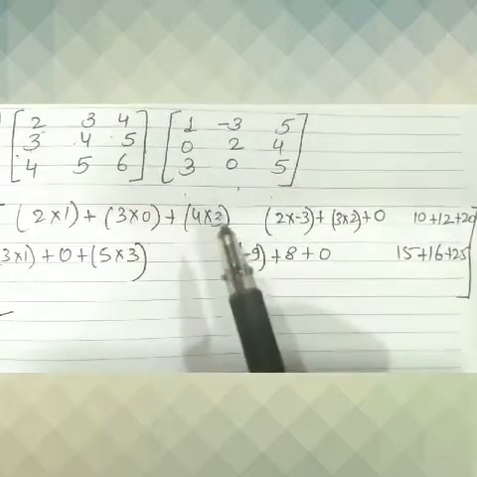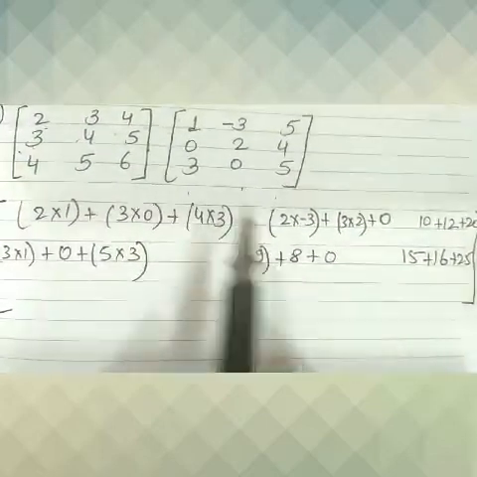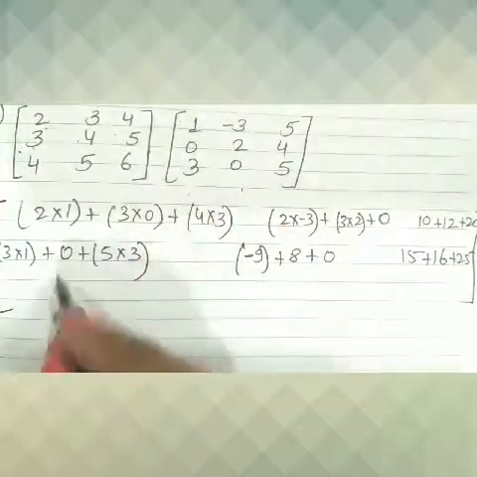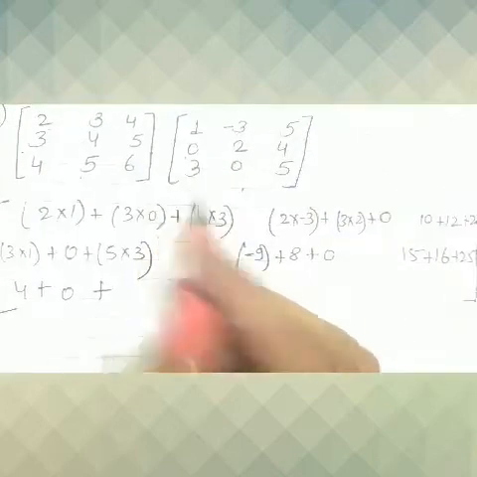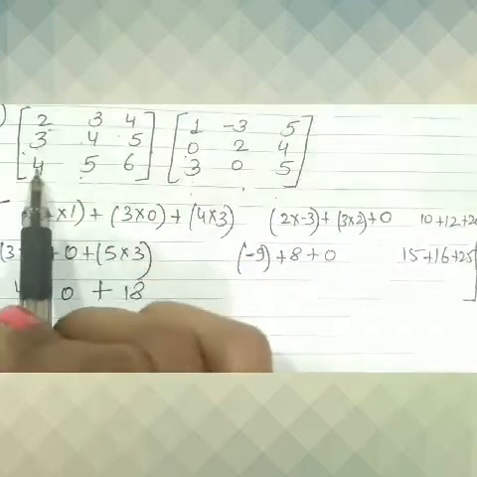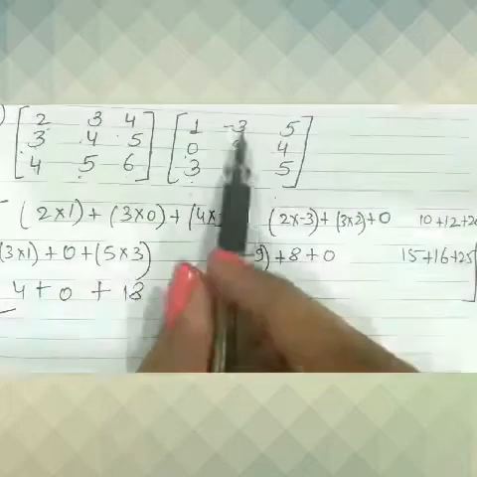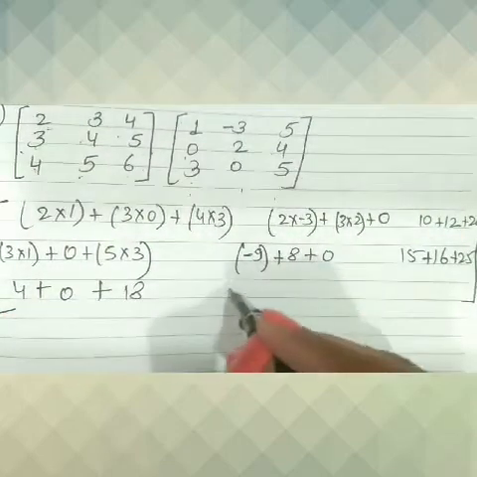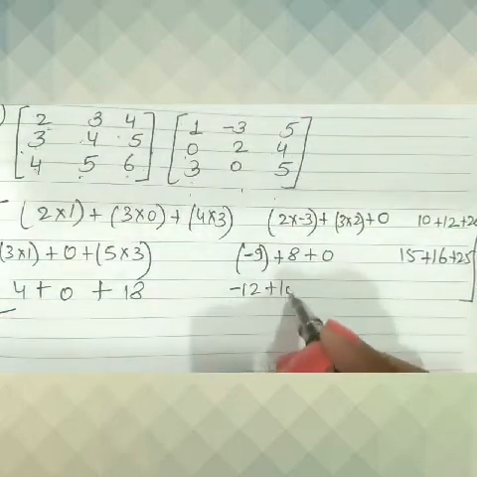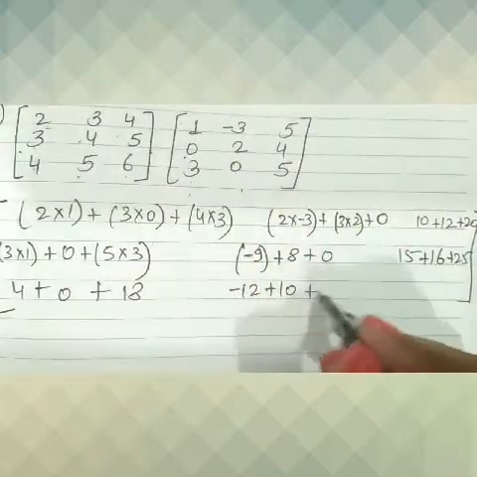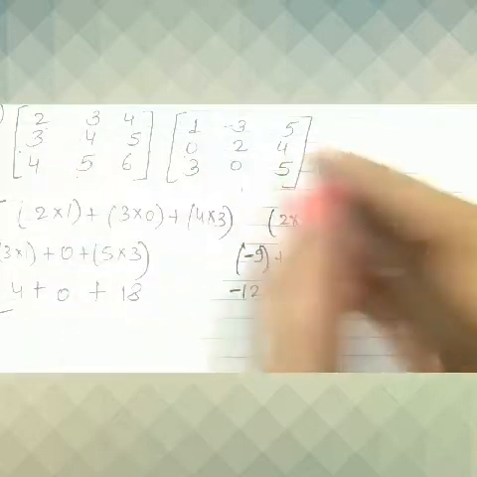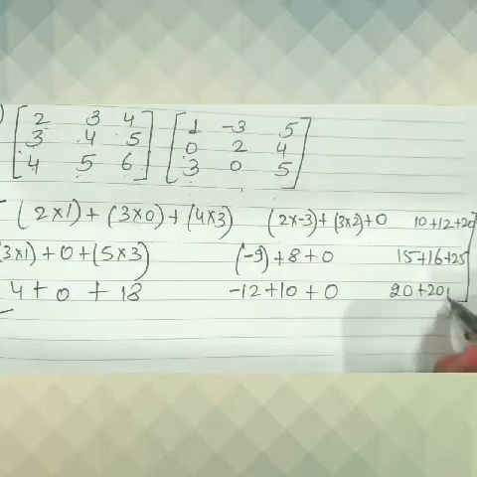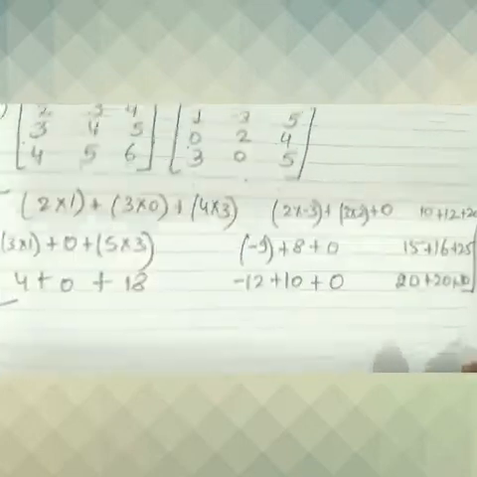Next will be third row by first column 4 into 1 4, 5 into 0 0, 6 into 3 18. Again third row by second column 4 into minus 3 minus 12, 5 2s are 10, 6 into 0 0, 4 into 5 20, 5 into 4 again 20 and 6 5s are 30.